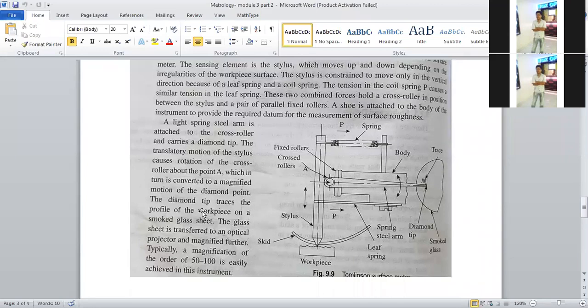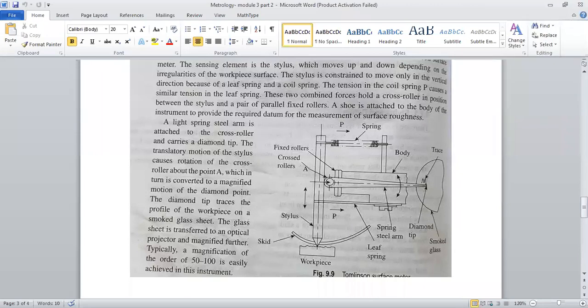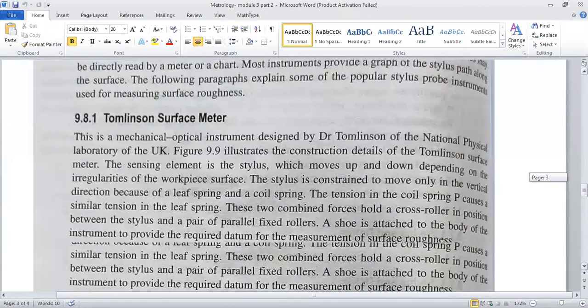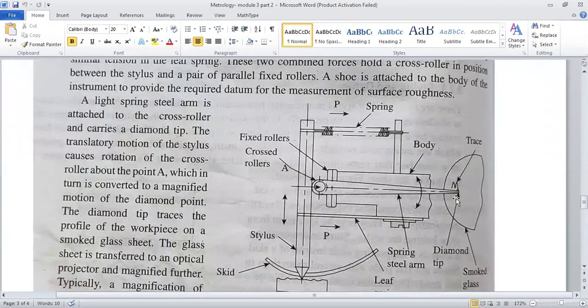Now what is a probe? Any idea about the probe? Here we can see the diamond tip.